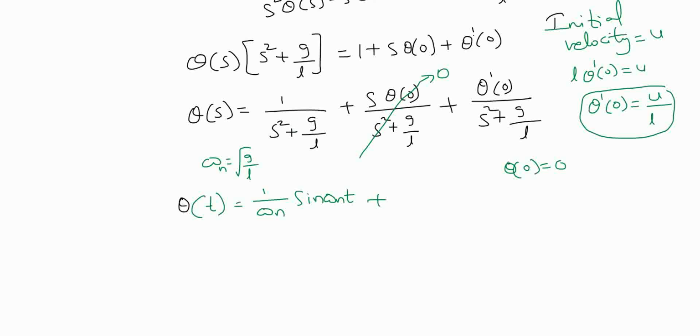Now plus theta dash of 0, as you know, it is u by L. Also in this case I have to multiply with omega n here and divide by omega n here. So sin omega n t I can take common.